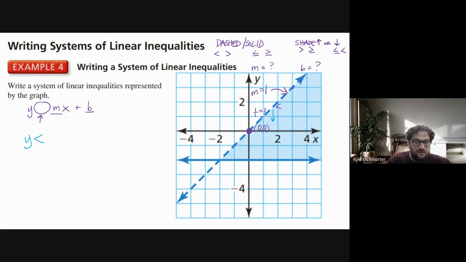M is 1, so we don't have to write the 1 because 1 times x is just x. And then plus 0, you don't have to write the plus 0 because 1 times x plus 0 is just x. So this is the first inequality. Now we need to find the second inequality. So the second inequality is going to come from the solid line down here.